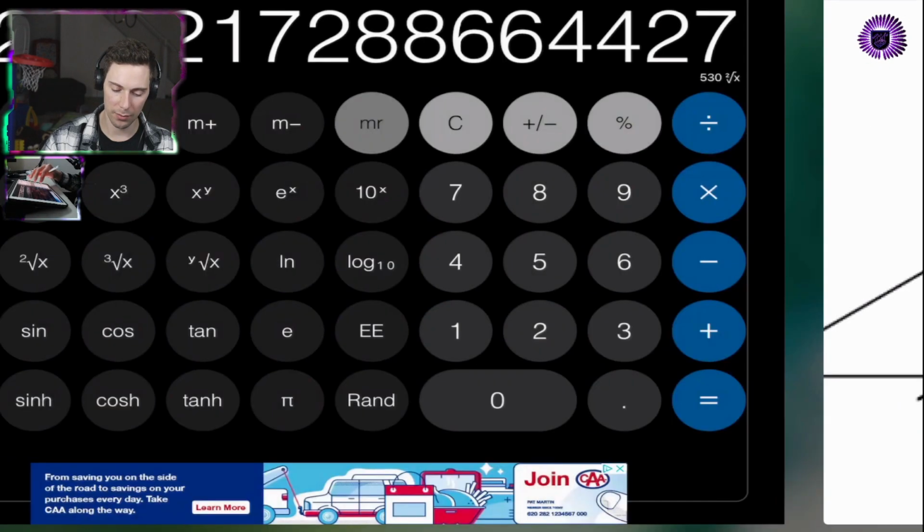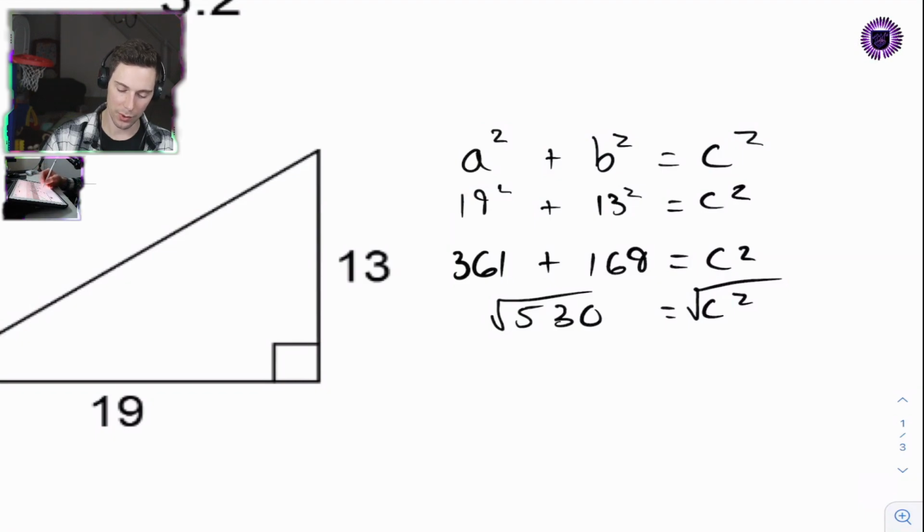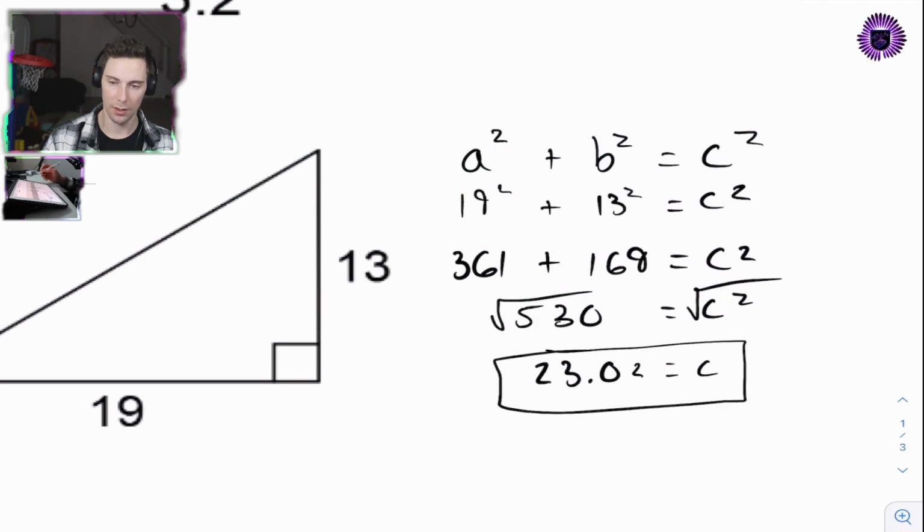The square root of 530 is 23.022, which is equal to c. That's our answer.